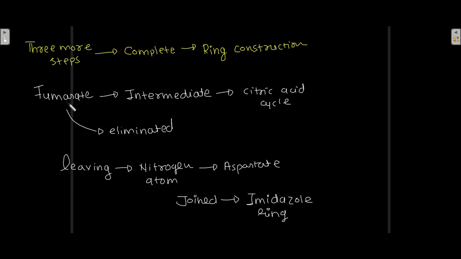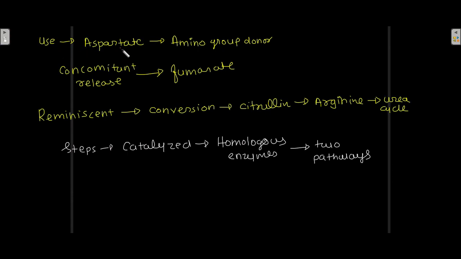Because fumarate is eliminated. The use of aspartate as an amino group donor and the release of fumarate are reminiscent of the conversion of citrulline into arginine in the urea cycle, and these steps are catalyzed by homologous enzymes in the two pathways.